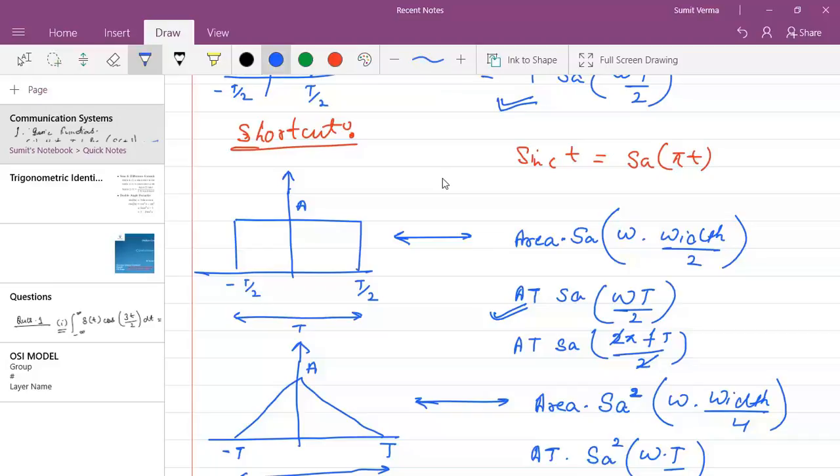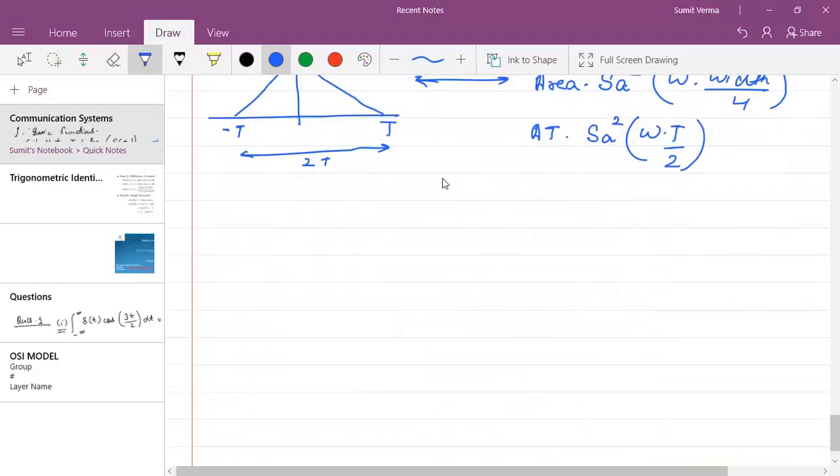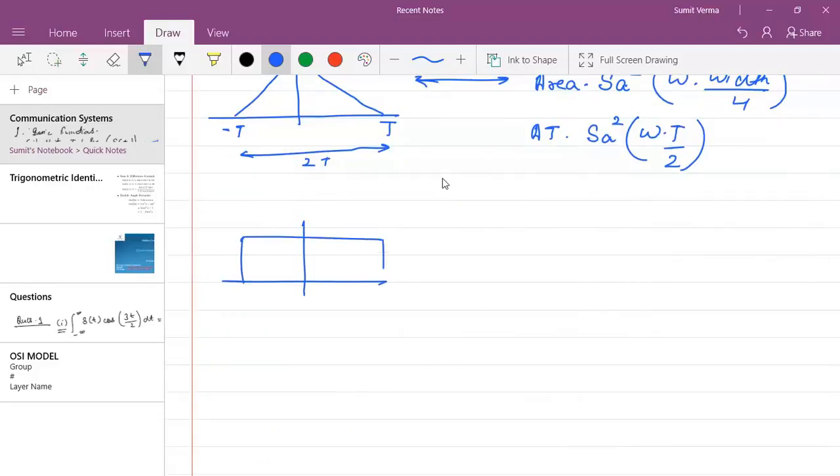Using that, because this is sampling of pi f t, I can write it as a sinc ft. So I'll just repeat this step here in terms of sinc function, because I'm going to use it more often than the sampling function.